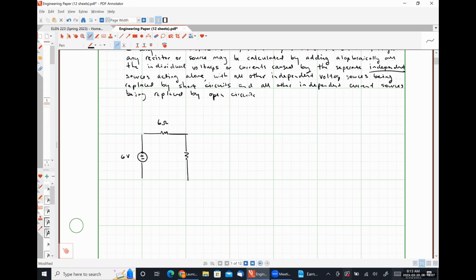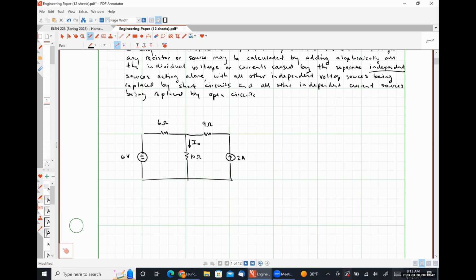Here we have a 10-ohm resistor, here we have a 9 ohm resistor. Here we have a 2 amp current source like so. The quantity that we are interested in, let me use the correct notation here, will be the current IX.